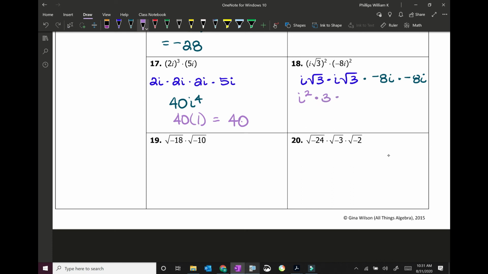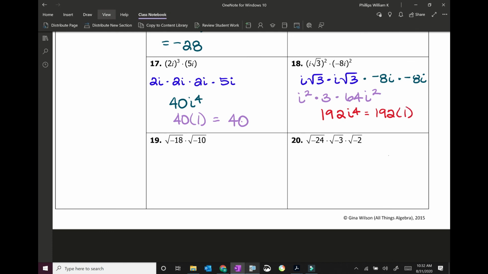Negative 8 times negative 8 is positive 64. i times i is i squared. So now we have 64 times 3, which is 192. i squared times i squared is i to the fourth. Well, i to the fourth is positive 1. So this solution here is going to be 192.